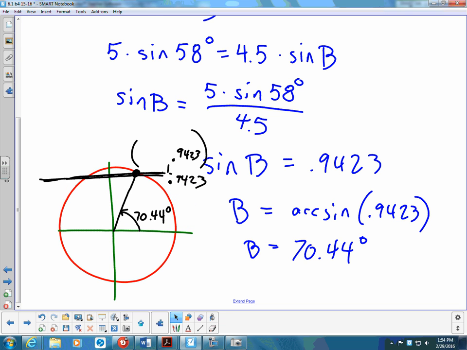Once I get up to a height of 1, I'm at the top of my circle, right? But right here at 0.9423, that's where it intersects for this 70-degree angle. But then there's going to be another angle right here that's also going to have a sine value of 0.9423. What is that angle going to be?